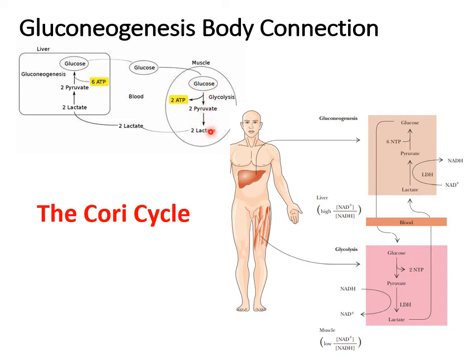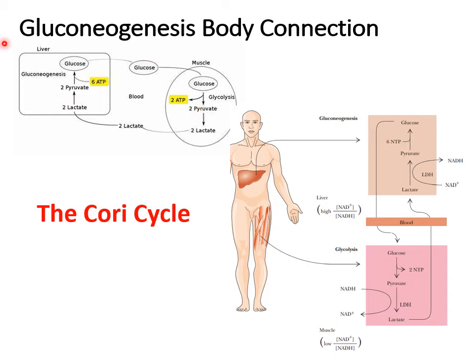Then the lactate can go back to the liver, and you get this cycling. During this process, if need be, glucose can be stored as glycogen and then degraded by glycogenolysis to have that glucose continue to be cycled throughout this.